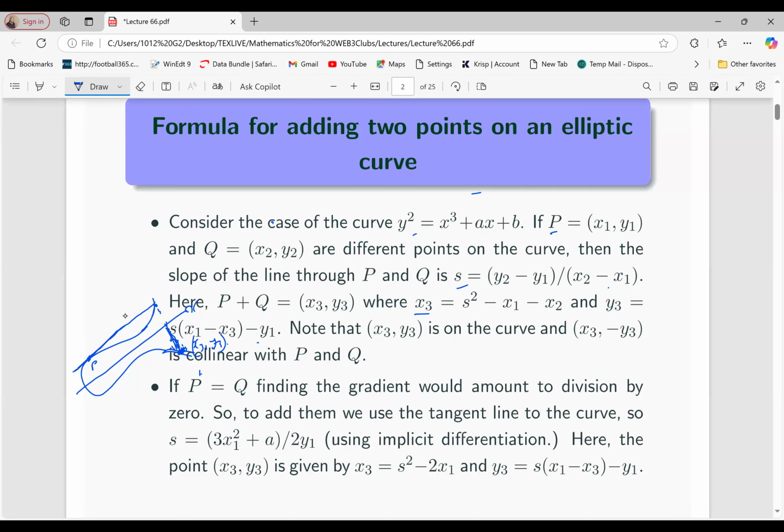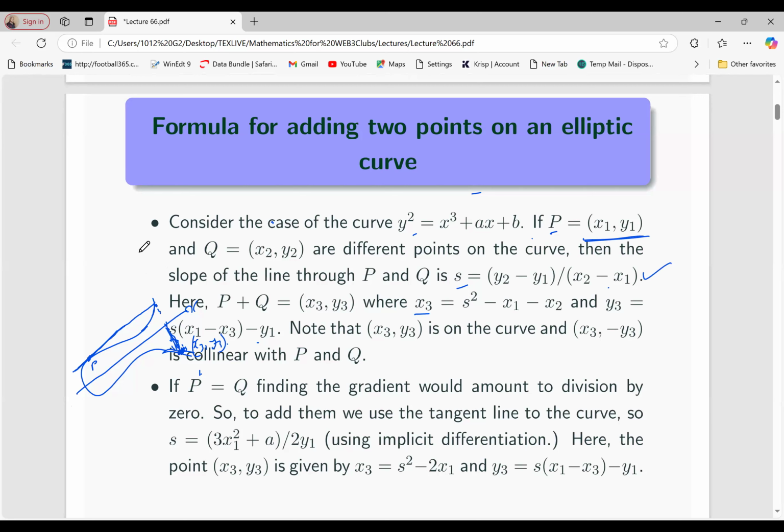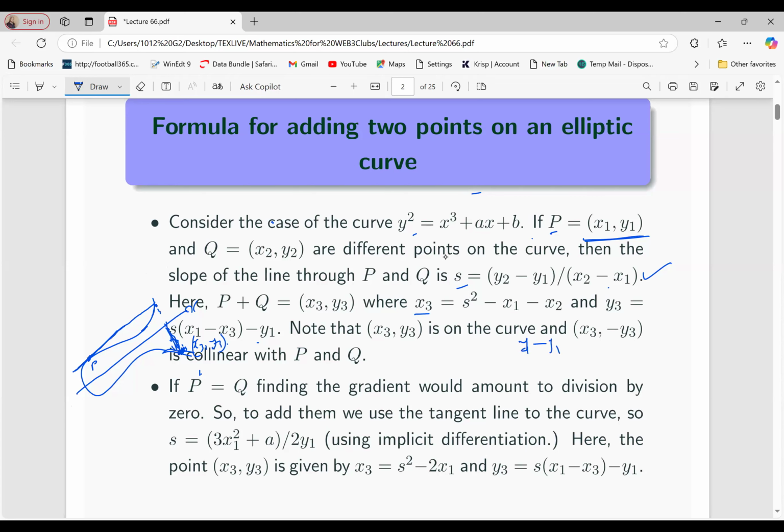You notice that if this is our P, we cannot use the knowledge of the gradient we've used here, because we'll be doing division by 0. Of course, we'll be talking of y1 minus y1, the same thing.